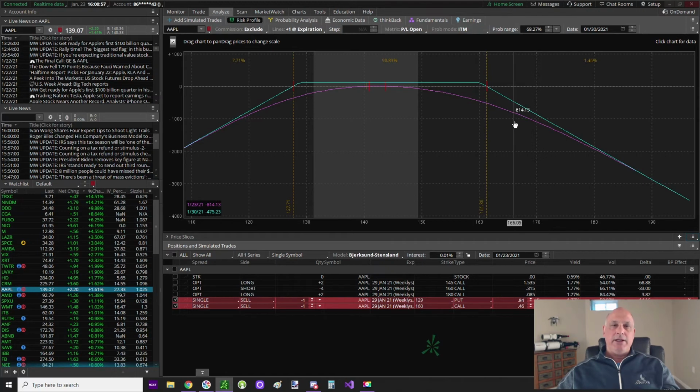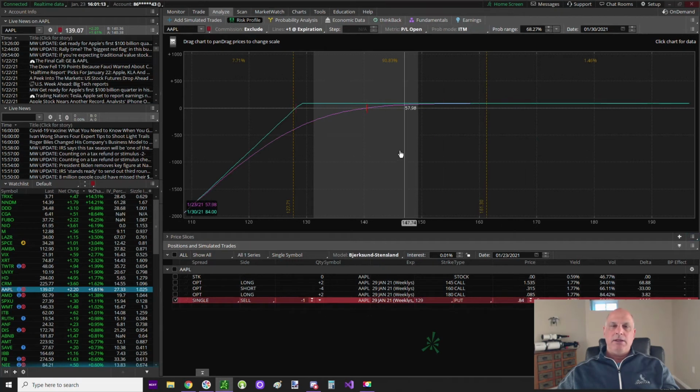So you have to take that into consideration when you're placing that trade on. So hopefully this gives you a little bit of an idea on how you can calculate buying power reduction quickly based on your position size.